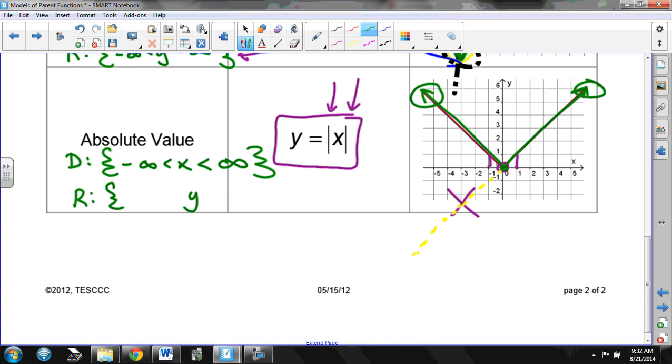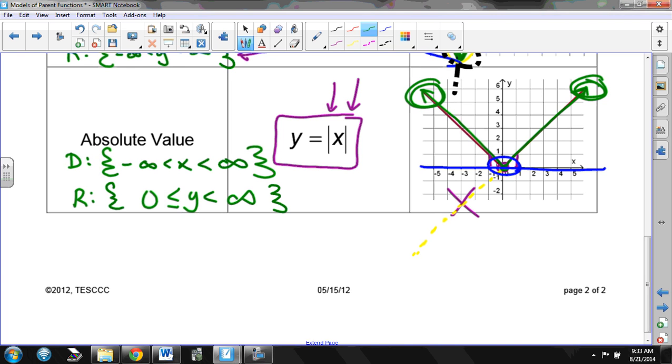What y values can we have? We come down and touch y equals 0. So y is going to be greater than or equal to 0, and the y values can go as high as we want them to. So the range is all y's greater than or equal to 0.